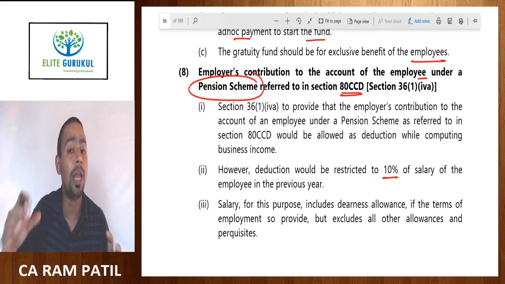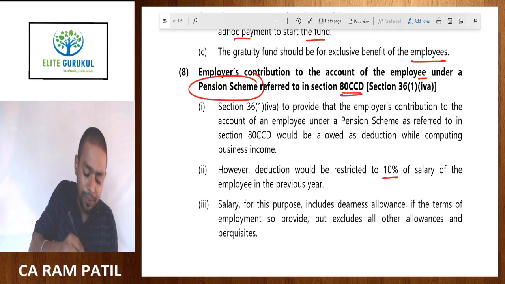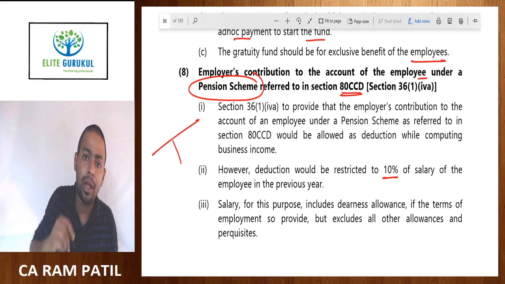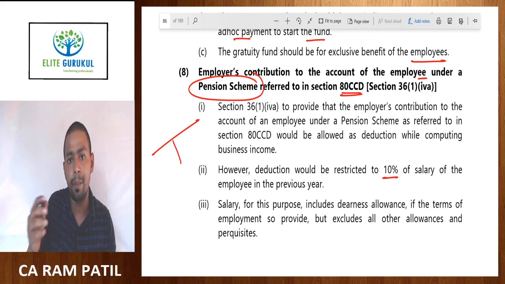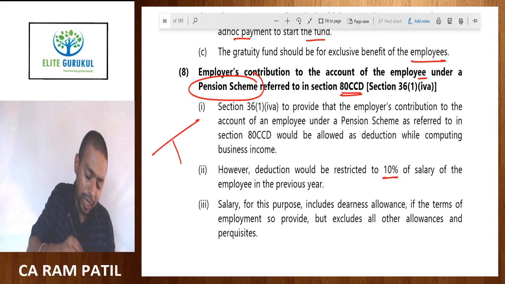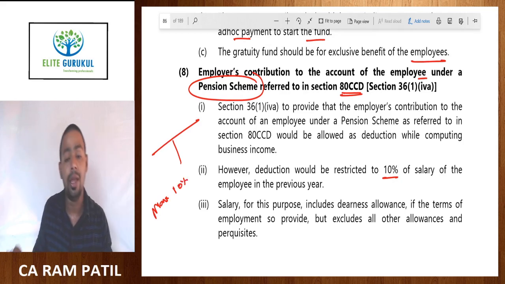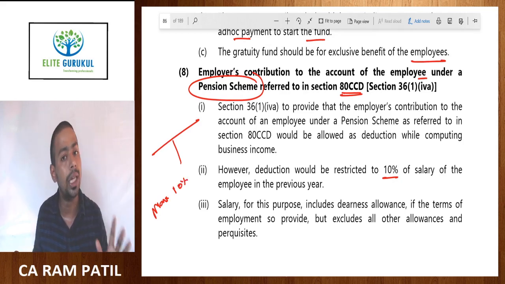There is a restriction of 10% of salary under section 80 CCD. So if employer is contributing to the employee's fund, the deduction is not unlimited. The deduction is restricted to maximum 10% of salary, and here salary means basic plus DA in terms.